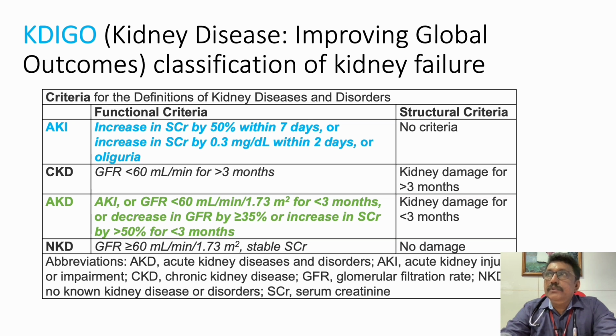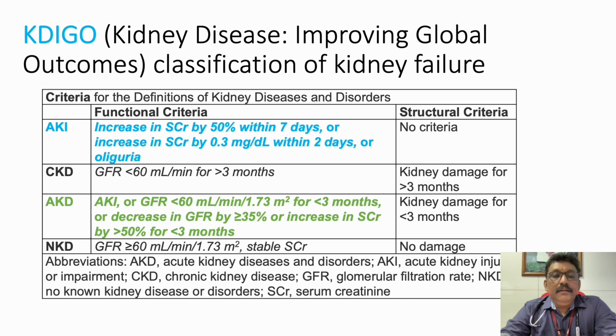When we do an ultrasound of the abdomen, we can see corticomedullary differentiation is preserved, whereas in acute kidney disease there is AKI, or GFR less than 60 ml per minute per 1.73 meter square for the last 3 months, or decline in GFR by more than 35%, or increase in serum creatinine of more than 50% for the last 3 months.